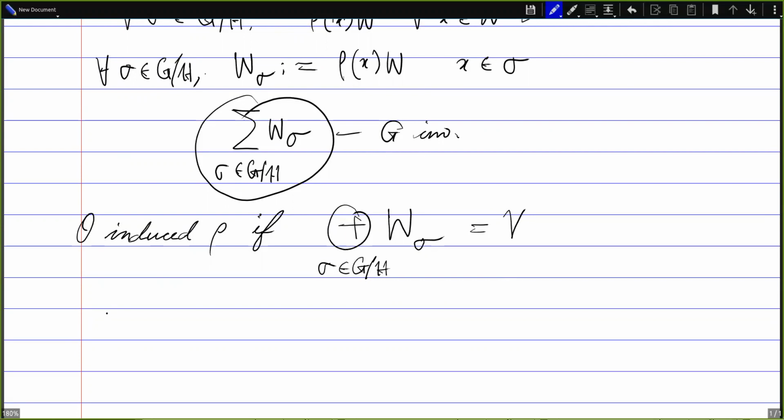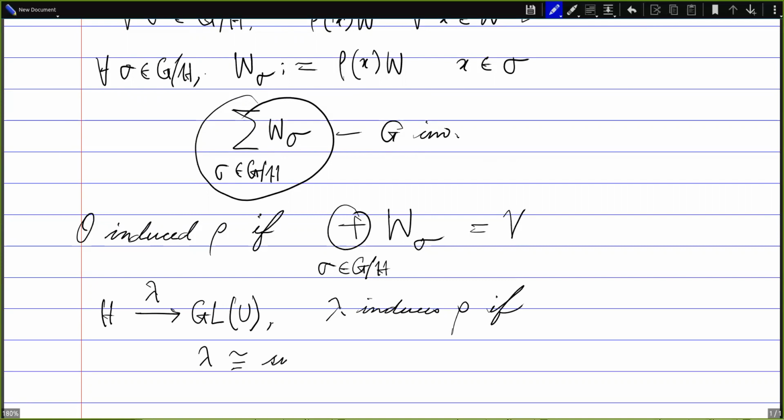So suppose lambda is a representation of H. Remember, now U is not necessarily a subspace of V. So in such a situation, we say that lambda induces rho if lambda is isomorphic to a subrepresentation of the restriction which induces rho.